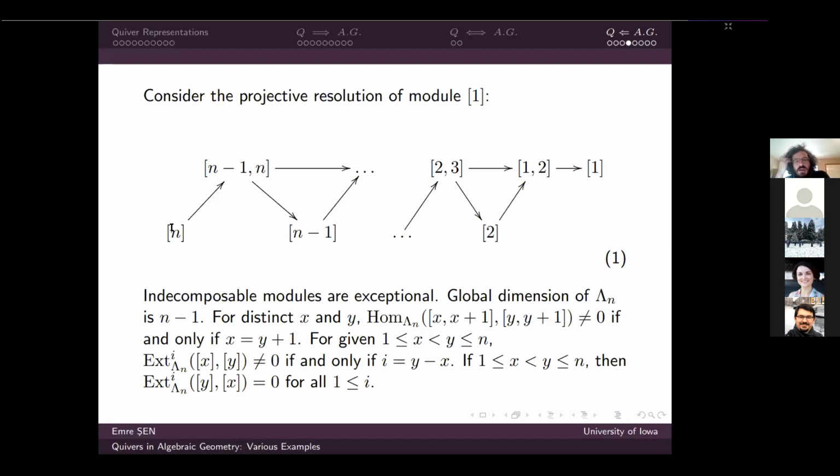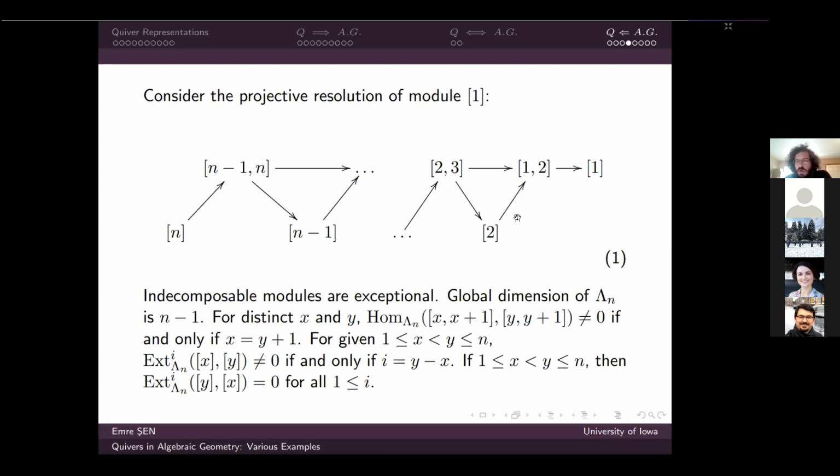And we can describe the Homs of these modules combinatorially. For example, two consecutive projectives have a map between them, but we cannot jump, right? And also projective modules here cannot extend each other. Only, for example, 1 and 2 can extend, and they give the projective module.